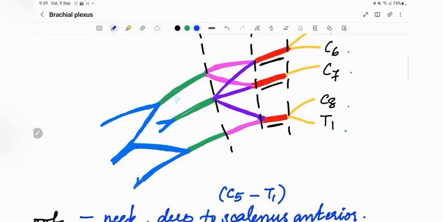The lateral cord, the first one, is formed by the joining of the anterior divisions of the upper and the middle trunk. Whereas the medial cord is formed by the anterior division of the lower trunk alone. While the posterior cord is formed by the joining of all the three posterior divisions, that is the posterior division of the upper, middle and the lower trunks.